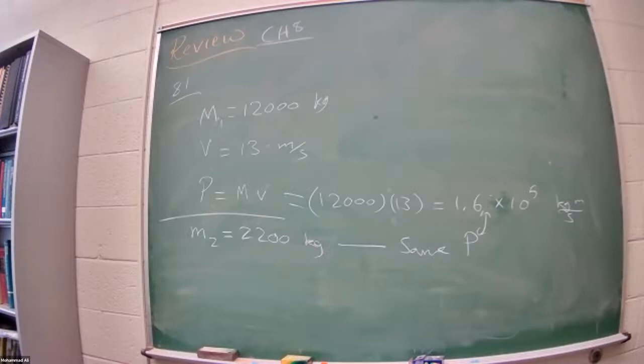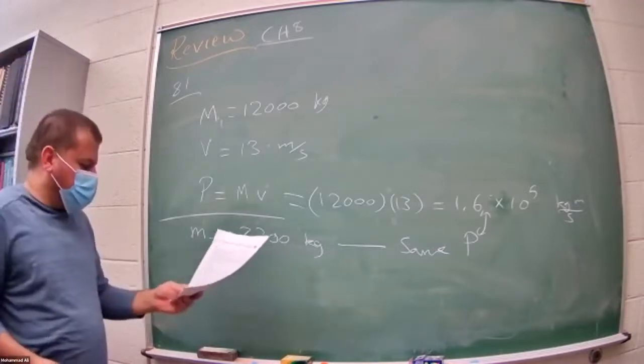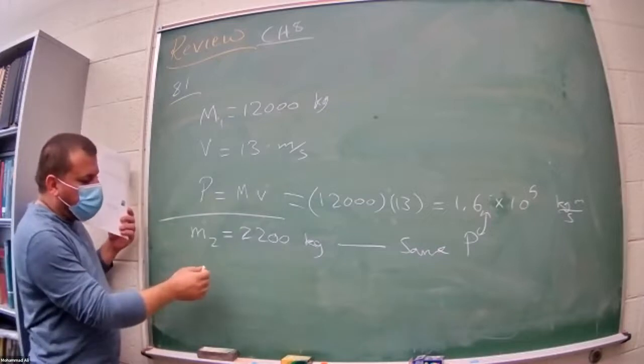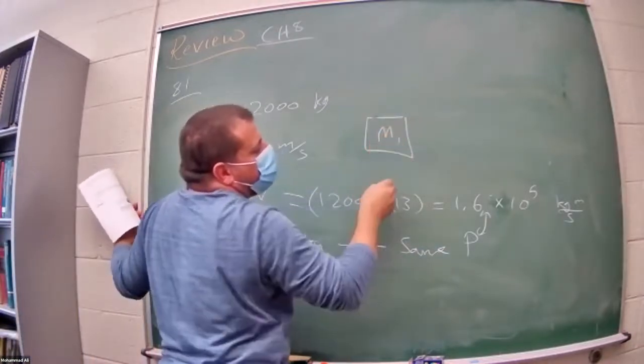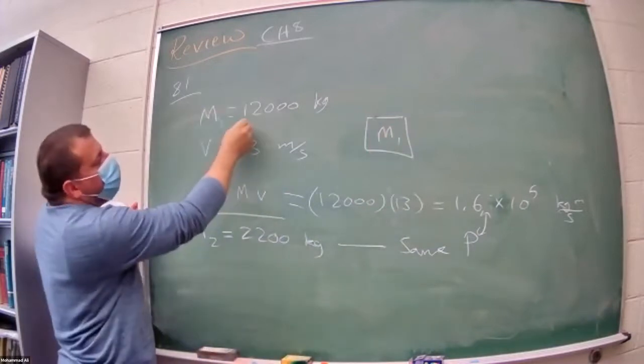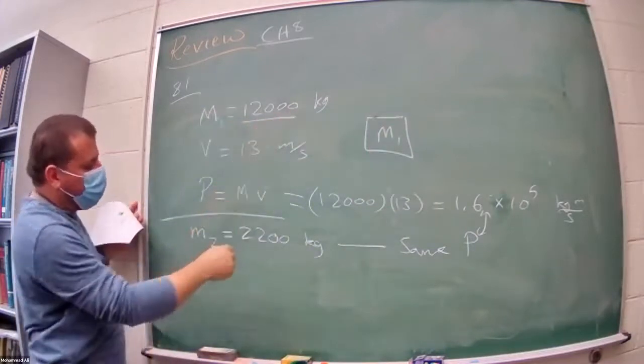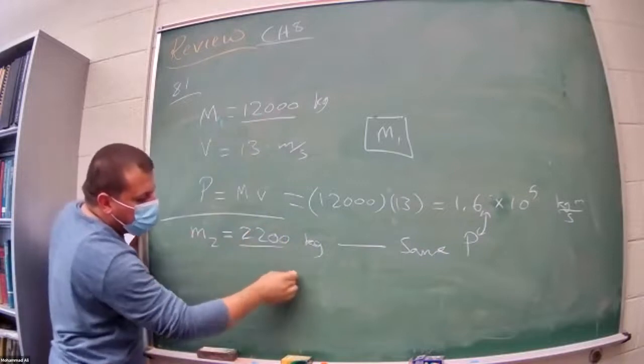Okay, now we need to find the velocity. This is the first object. This is another object. This mass is 12,000, but this one is smaller.